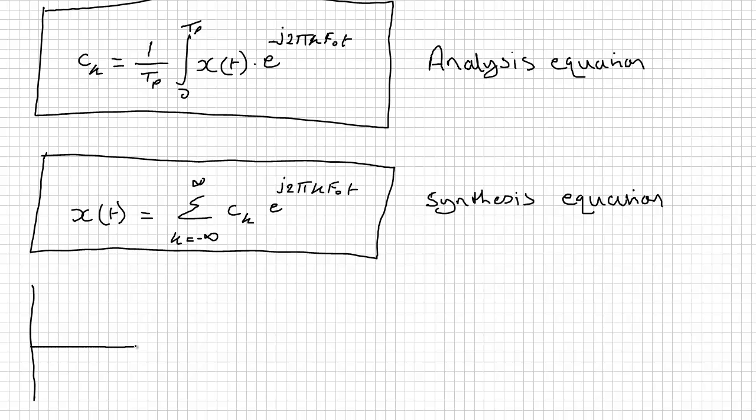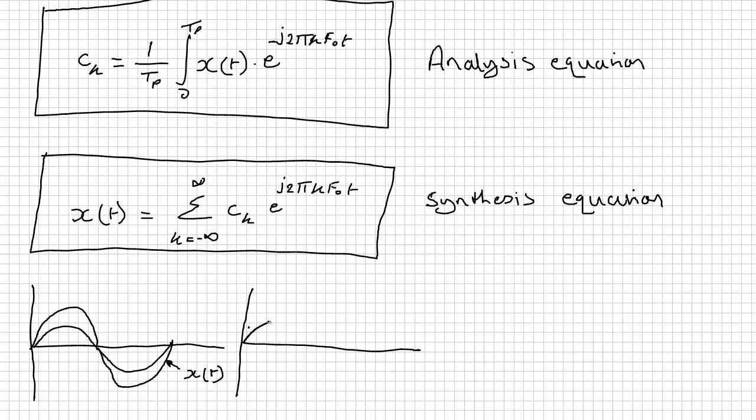So here I'm going to draw our signal. X of t now is just a sine wave. We're going to compare it against one of the harmonics, and that harmonic happens to have the same frequency. And if we remember, we're going to correlate, so what we're going to do is multiply these two signals together, which will give us something like this.